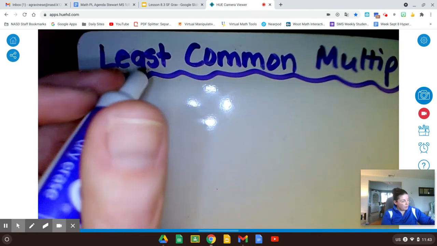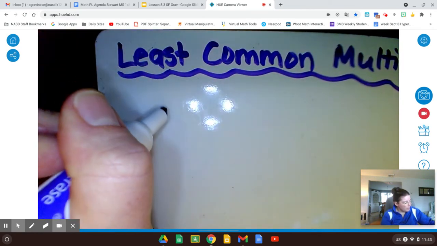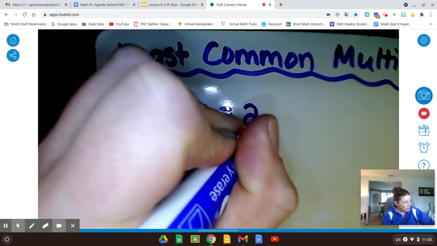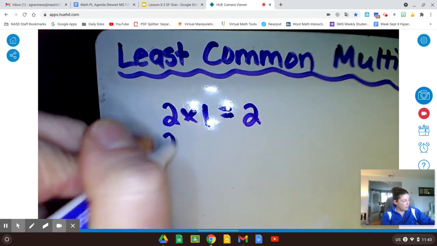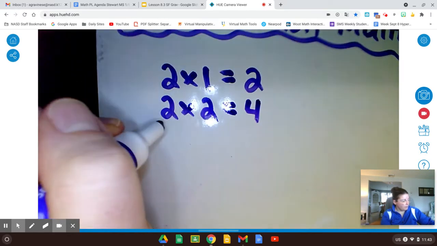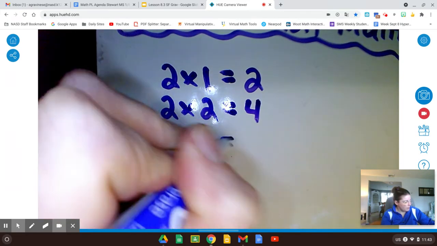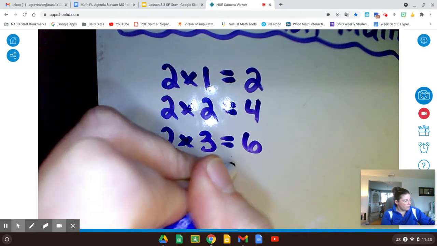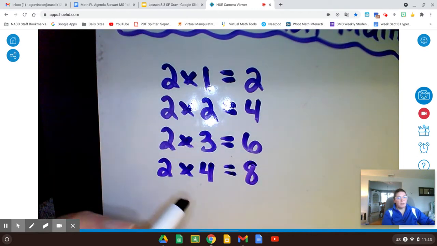So for example, if I have 2 times 1, we get 2. If I have 2 times 2, we get 4. 2 times 3 equals 6. 2 times 4 equals 8, and we can keep going and going and going.